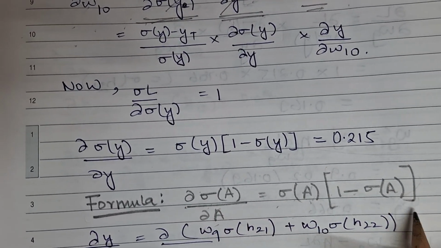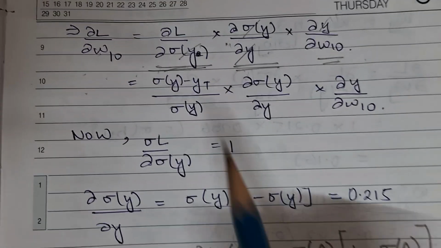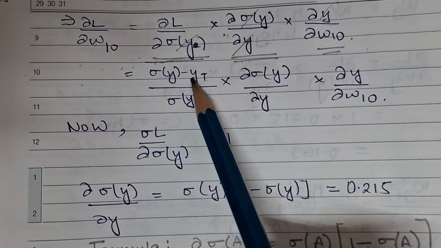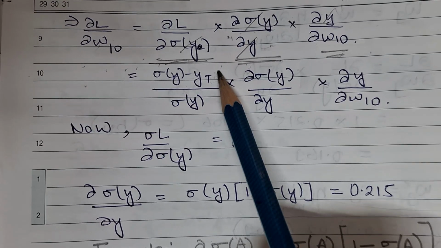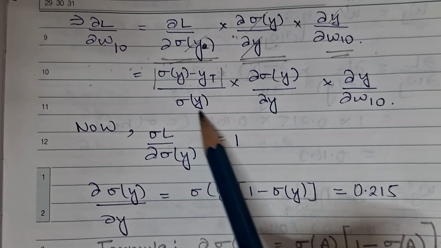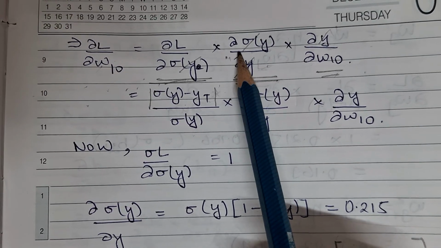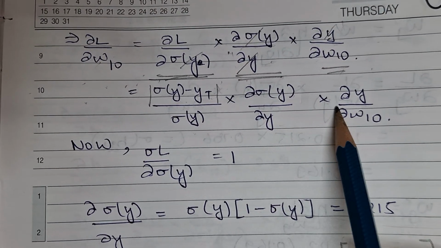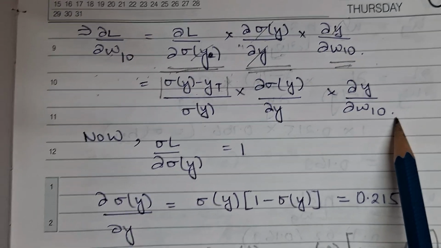This is the formula that we will be using in calculation. So del L by del omega 10 is sigma Y minus YT, divided by sigma Y. Ideally it should be mod, but since it's already 18.7, we don't need mod here. Then del of sigma Y divided by del Y, multiplied by del Y by del omega 10.